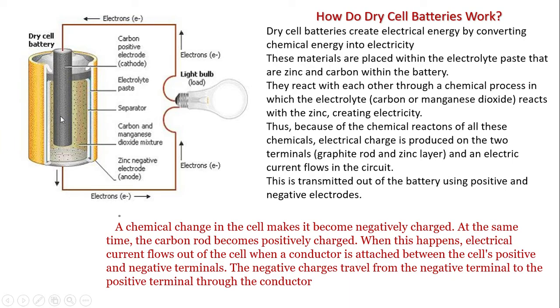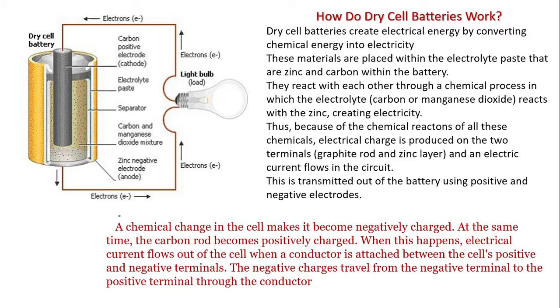Thus, because of the chemical reactions of all these chemicals, the electrical charge is produced on the two terminals, the graphite rod and the zinc layer at the base, and an electric current flows in the circuit. This is transmitted out of the battery from the positive end, which is at a higher potential, to a terminal at a lower potential, that is the negative terminal.